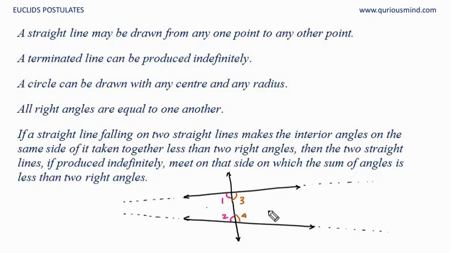Now if you measure these, you will find 3 plus 4 is actually greater than 180, whereas 1 plus 2 is less than 180. And that means these two lines are going to intersect somewhere on this side. That is a postulate. It is a very important postulate.